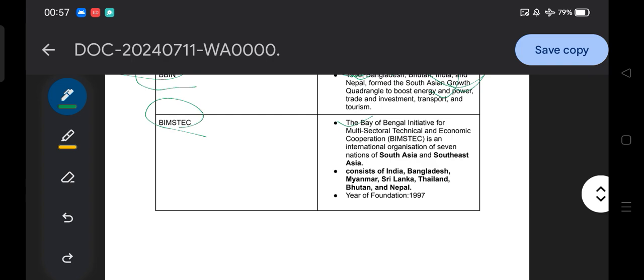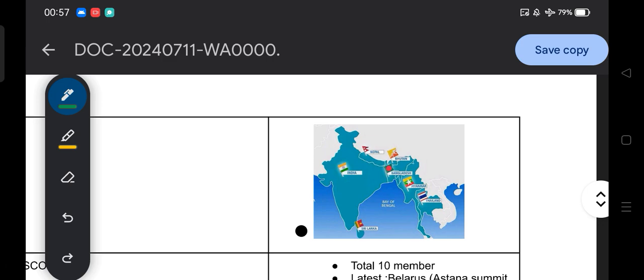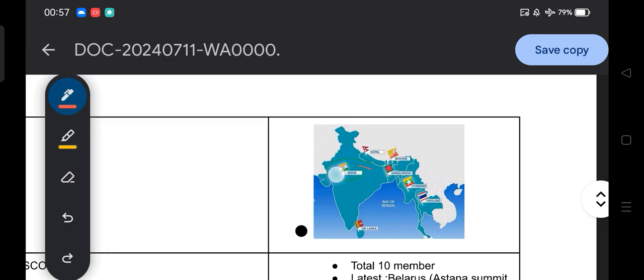Then BIMSTEC, Bay of Bengal Initiative for Multi-Sectoral Technical and Economic Cooperation. It is an international organization of 7 nations from South Asia and Southeast Asia. South Asia includes India, Sri Lanka, Nepal and Bhutan.